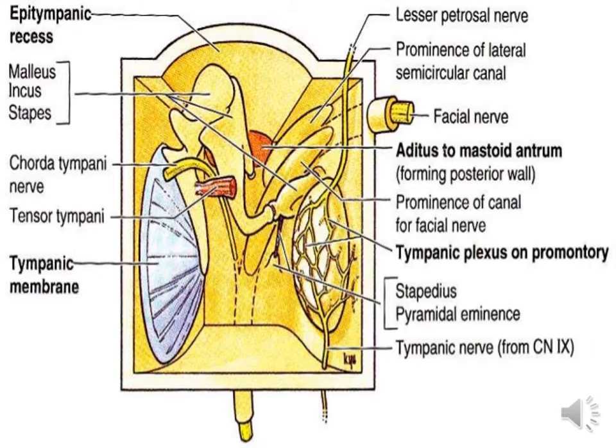This figure shows the contents of the tympanic cavity, the middle ear space. This is the epitympanic recess from outside, and the three bony ossicles: malleus, incus, and stapes. We also have the chorda tympani nerve, the tensor tympani muscle, and the tympanic membrane. Posteriorly there is the petrosal nerve, the prominence of the lateral semicircular canal, and the facial nerve, the seventh cranial nerve, which enters from the inner ear to the middle ear.